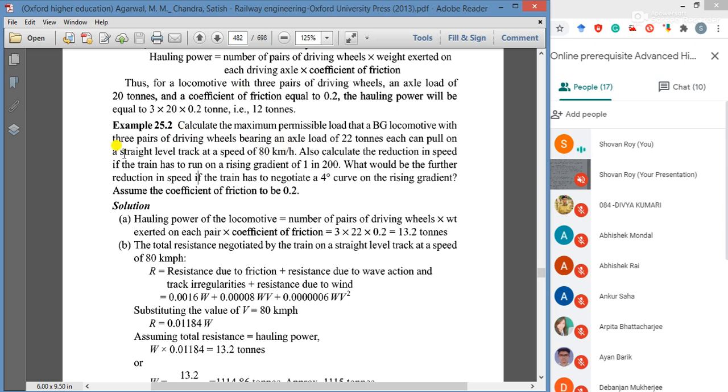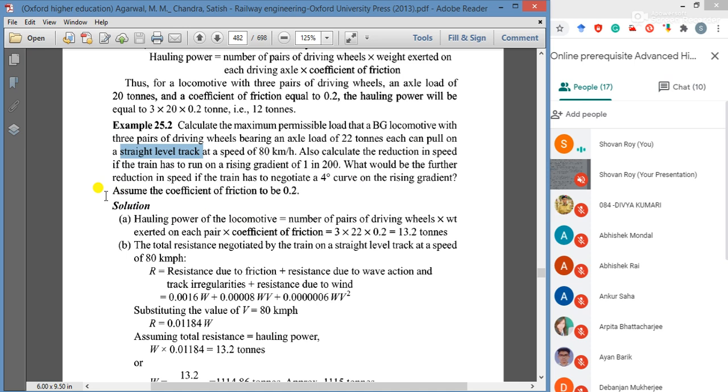When it is mentioned straight level track, that means no gradient is there, no curvature is there, and no other resistance which is normally generated due to accelerating or starting condition. Such types of resistance are not involved in a straight level track.